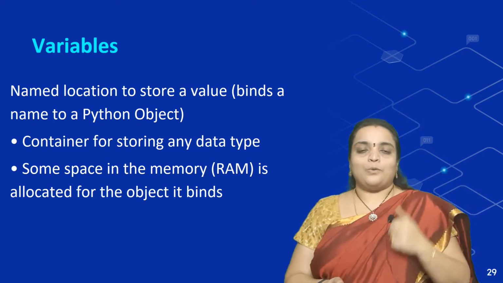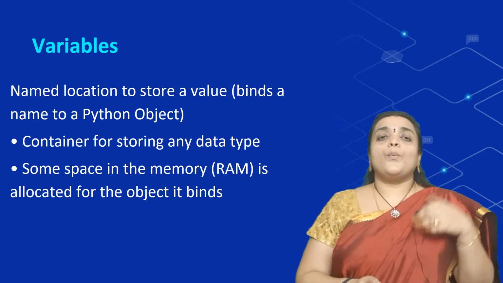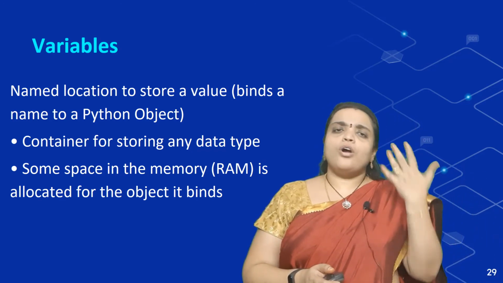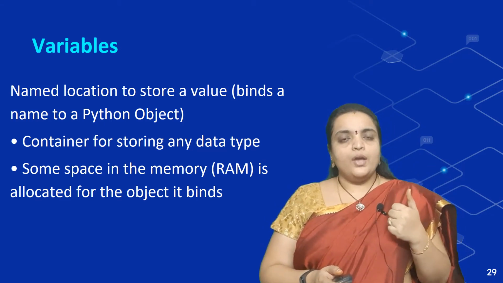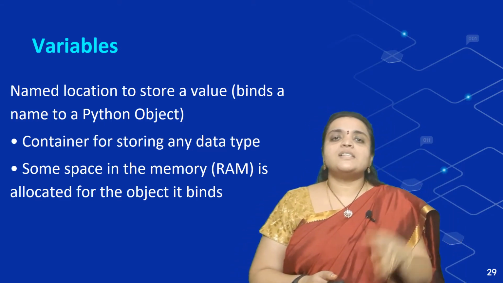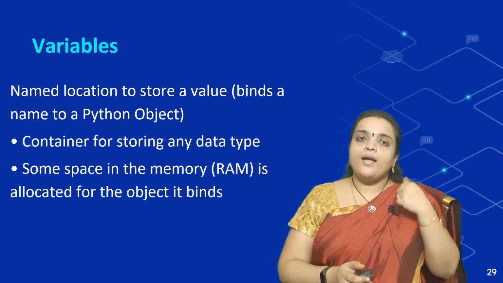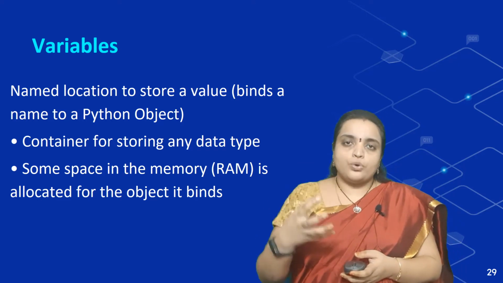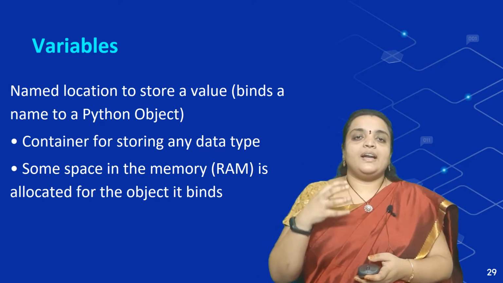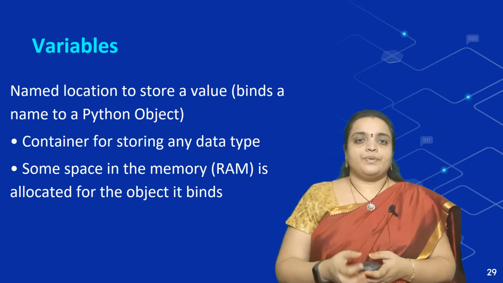Clear? Now, let us see a very important thing in all programming languages, that is variables. So what is a variable? It is a name or location to store a value. Anything you want to store, we have to assign to a variable.